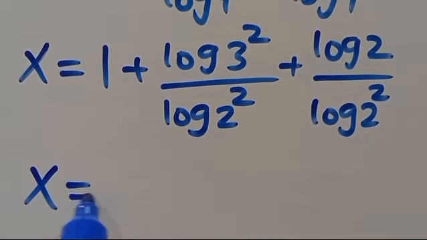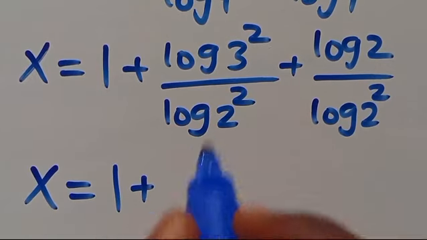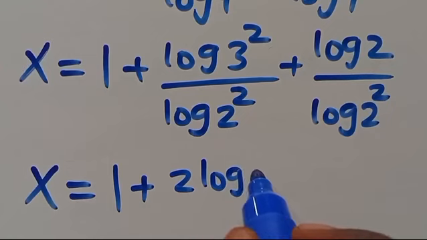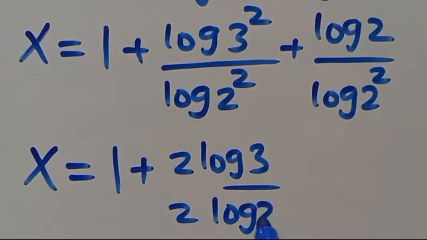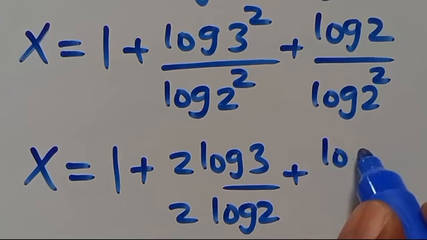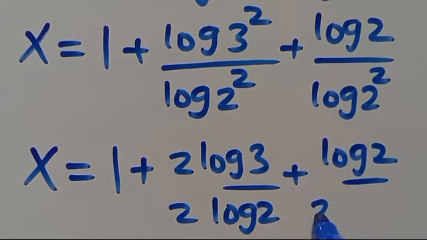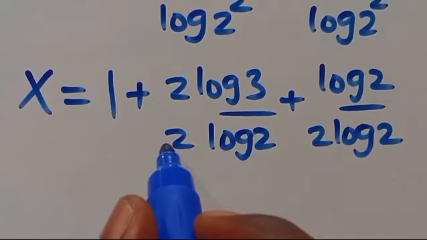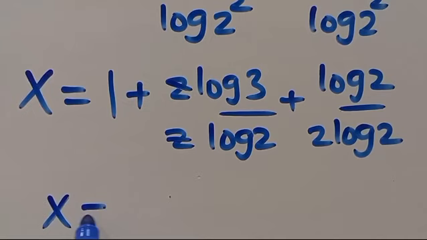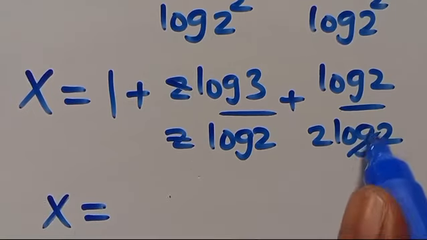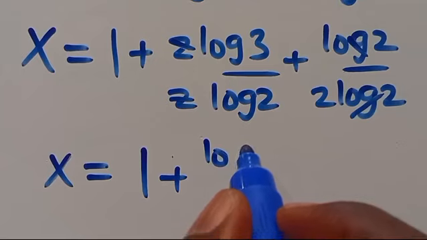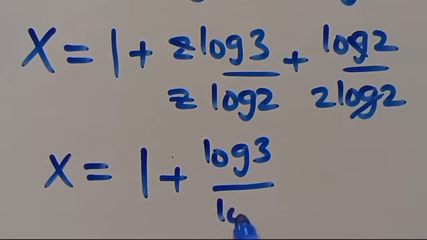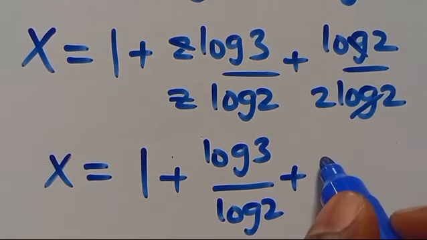We have x equals 1 plus 2 times log 3 over 2 times log 2, plus log 2 over 2 times log 2. So this log 2 here, we cancel out, and this 2 we cancel out. We have 1 plus log 3 over log 2. Then this will be 1 over 2.